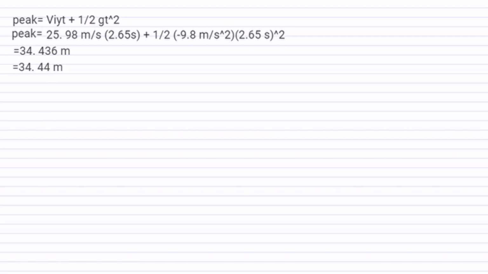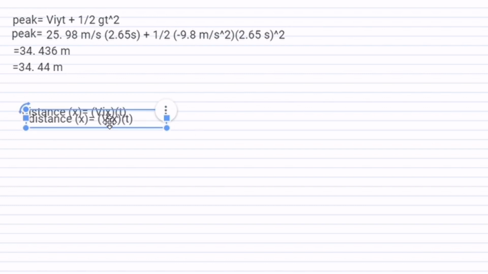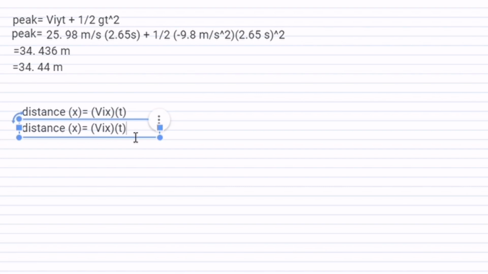And lastly, the distance. The formula for our distance is VIX times the time, and the distance is also known by the symbol X. So we're going to distribute the values.